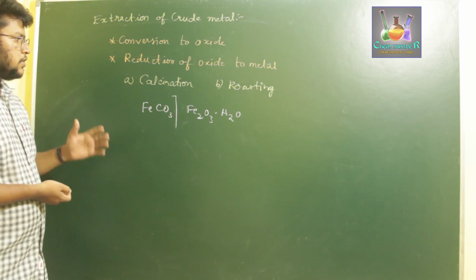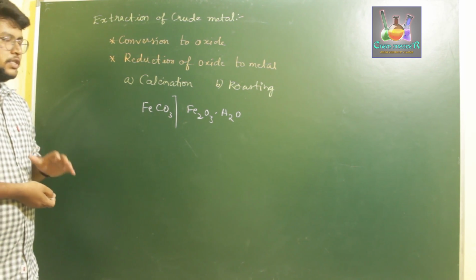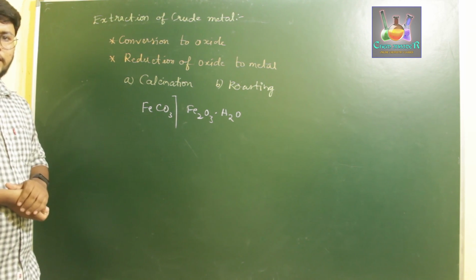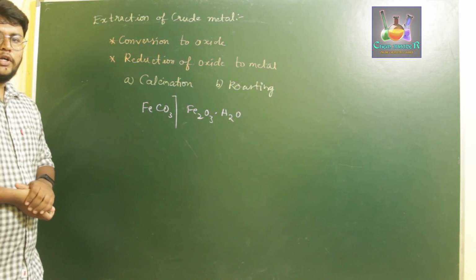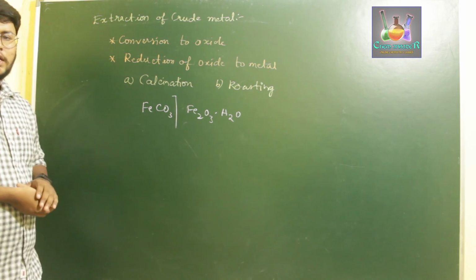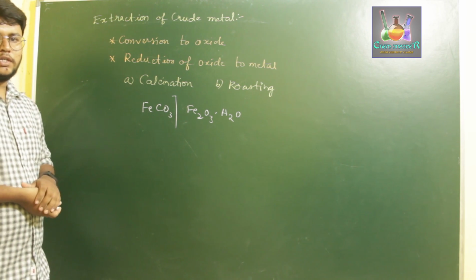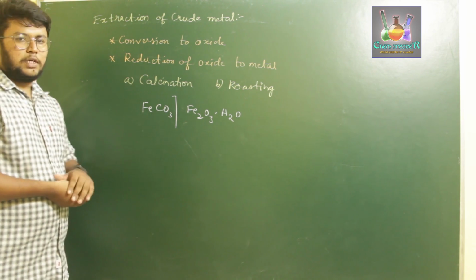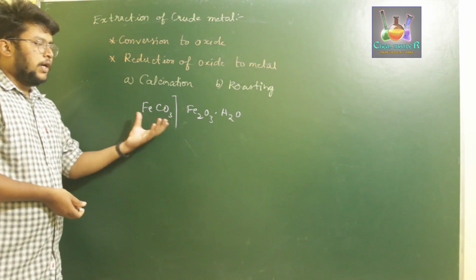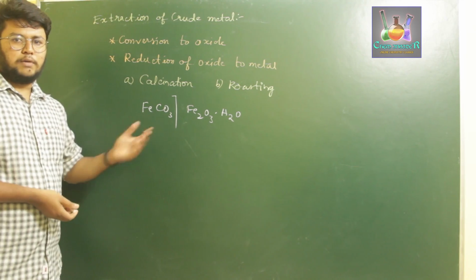So the calcination process is this: we heat the concentrated metal ore in order to remove all the volatile components. If there are volatile impurities present, we heat it to a certain temperature in the absence of air such that the volatile components get removed.